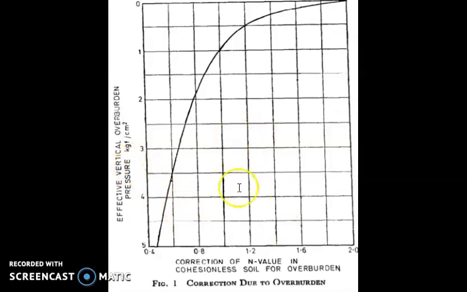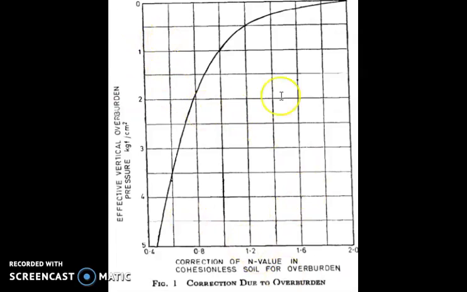If this chart is given from IS, or if the value of correction factor is given directly, well and good. But if it's not given and you are asked to refer to this chart, you should know the conversion of kgf per centimeter square to kilonewton per square meter. So 1 kgf per square centimeter is 98.06 kilonewton per square meter, right?